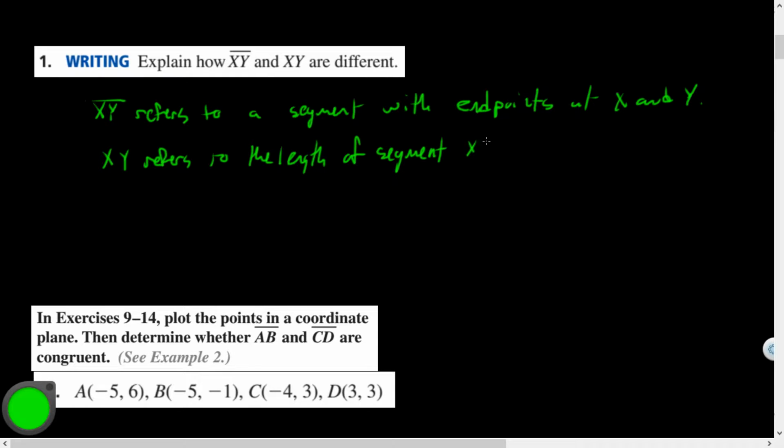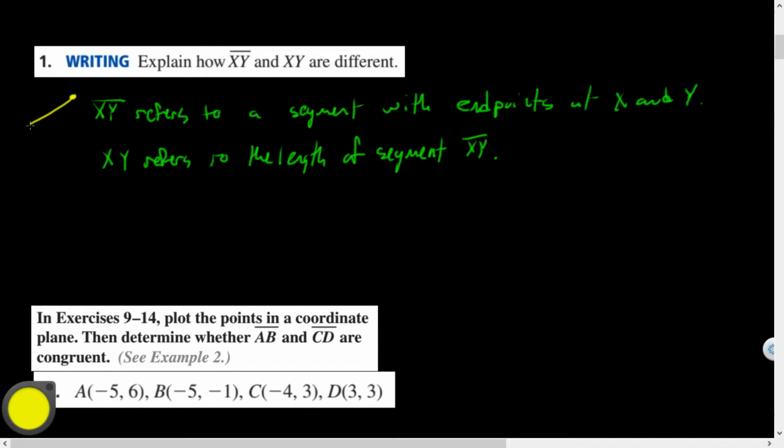In terms of, we talked about equality and congruence. I would use congruence. For instance, segment XY would be congruent to segment YX. Reflexive property of congruence, we'll talk about that later. Whereas XY is a number. So one of these refers to an image.